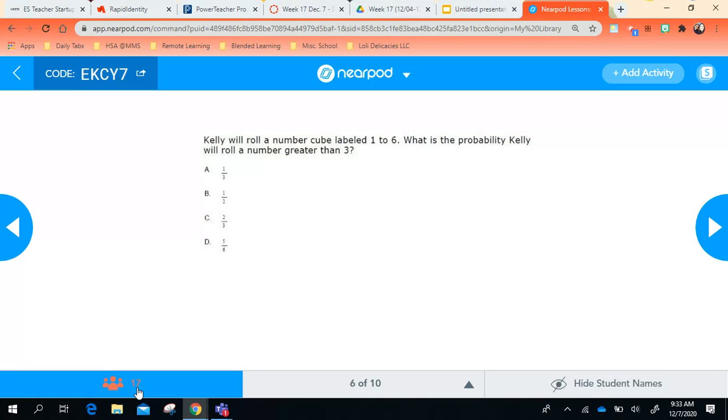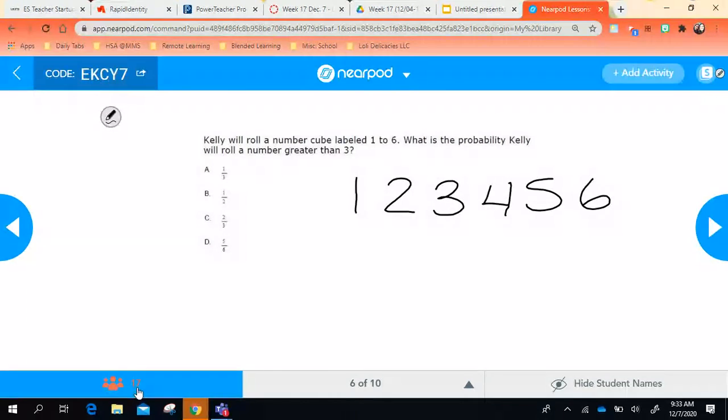Okay, so if I write all my numbers down, so it's a number cube, I have the numbers 1, 2, 3, 4, 5, and 6. William, what numbers are greater than 3? Perfect.